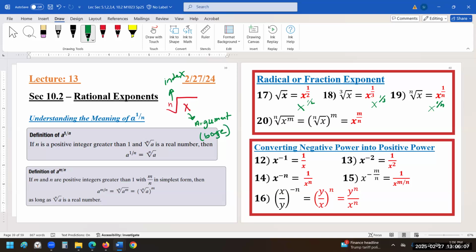It has two names, argument and base. And that is called index, or we call them root. So whatever index we have, that goes on the denominator. That's the rule. Now this one says, well, what if we have an index, also we have an exponent inside?